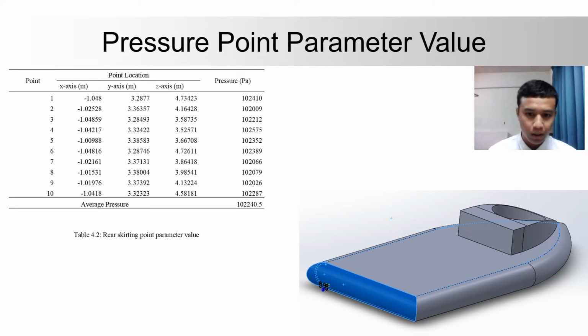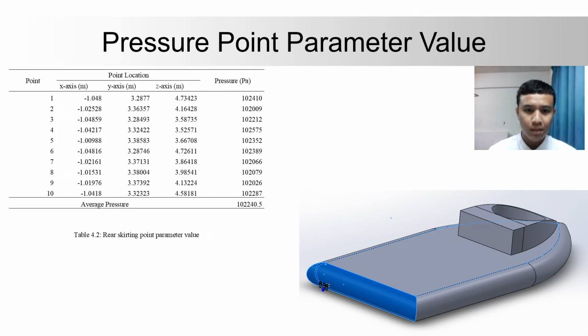If you can see here at the back of the hovercraft, the one in the blue color, I just pick points randomly and I get a result of 102,240 Pascal. Every point I just pick randomly, and the average pressure for the rear skirting is 102,240 Pascal.